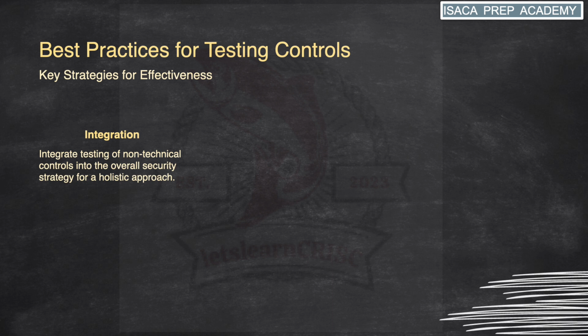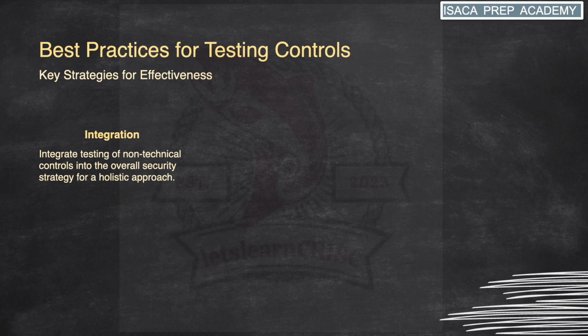While technical controls like firewalls and encryption are vital components of a robust security framework, non-technical controls such as administrative policies and physical safeguards play an equally essential role in mitigating security risks.